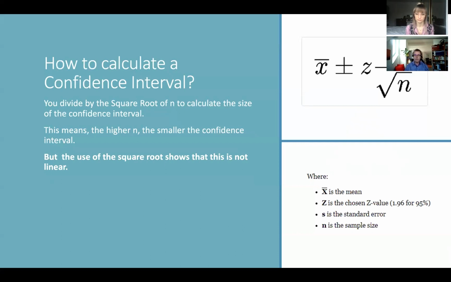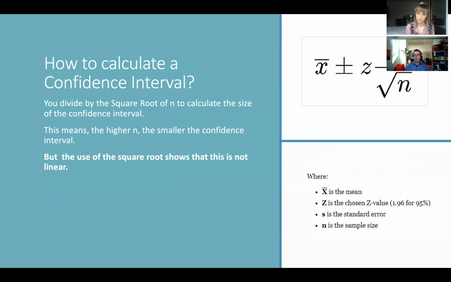And the key that I wanted to highlight down here is that in the denominator is the square root of n, the sample size. Which means, if you think back, the bigger a denominator becomes, the smaller the value becomes, which means also the higher n, the smaller the confidence interval becomes. And this is key for understanding sample size.